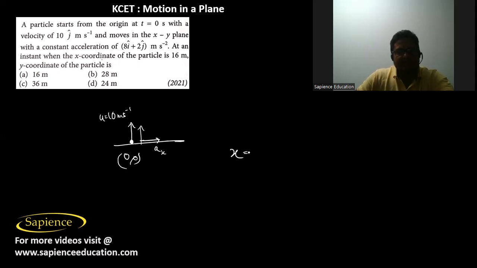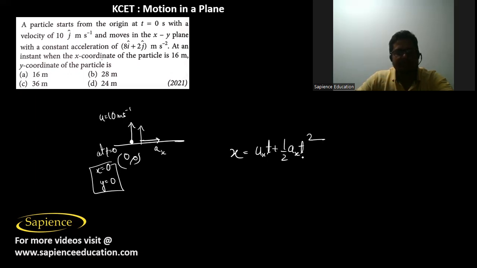So we can say it starts from the origin at t equal to 0. So at t equal to 0, x is 0 and y is also 0. So x equals ux into t plus half ax into t square, and y equals uy into t plus half ay into t square. Here the acceleration vector is given as 8 i cap plus 2 j cap meter per second square.